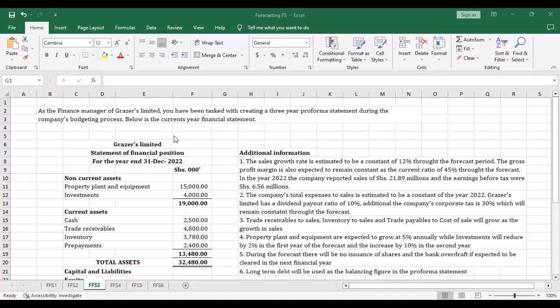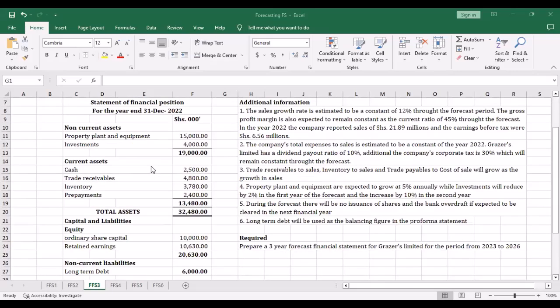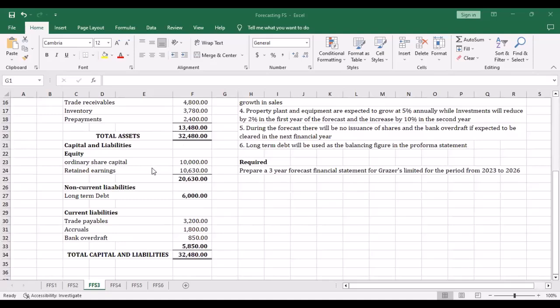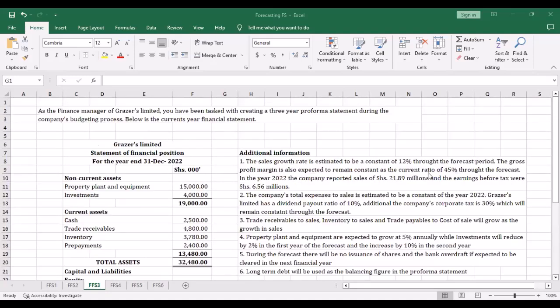As the finance manager of Gracers Limited, you've been tasked with creating a 3-year pro forma statement during the company's budgeting process. Below are the current year financial statements. You've been given the statement of financial position. Then additional information: the sales growth rate is estimated to be, so it is 3 years, a constant of 12% throughout the forecast period.